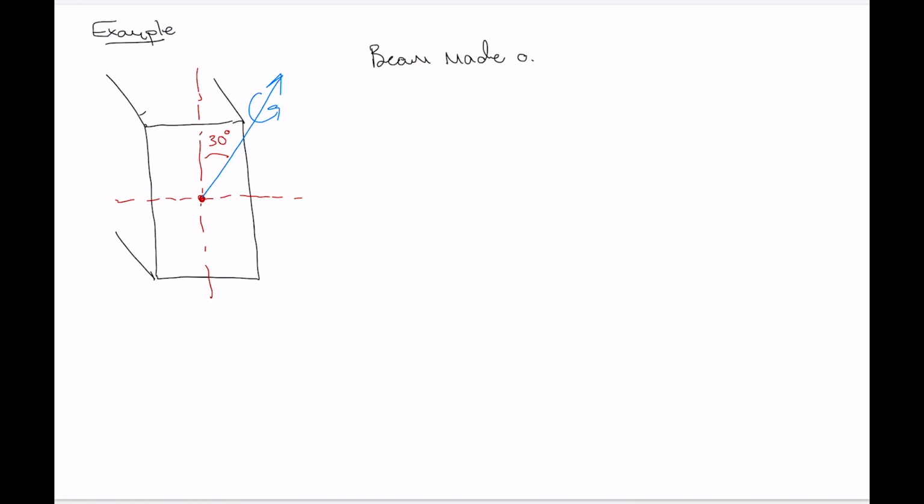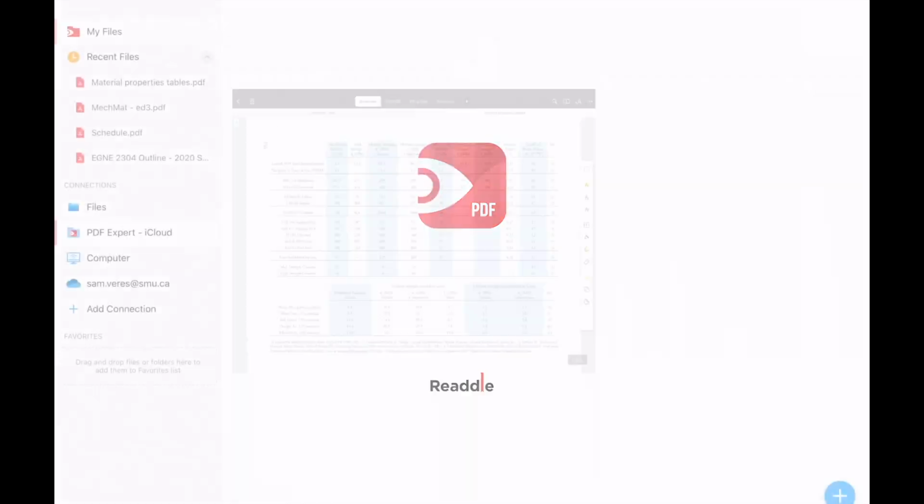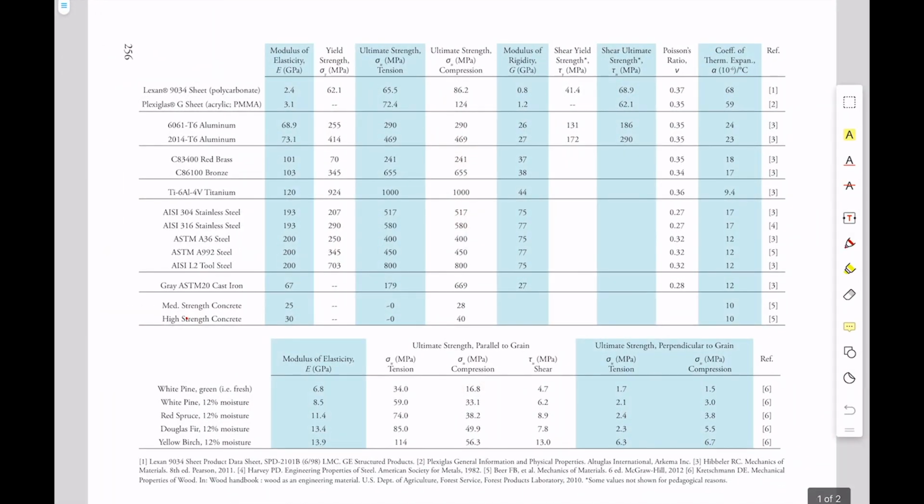So a beam made of white pine. And if you look in your material property table for a second, you will see that for white pine, there are two values.